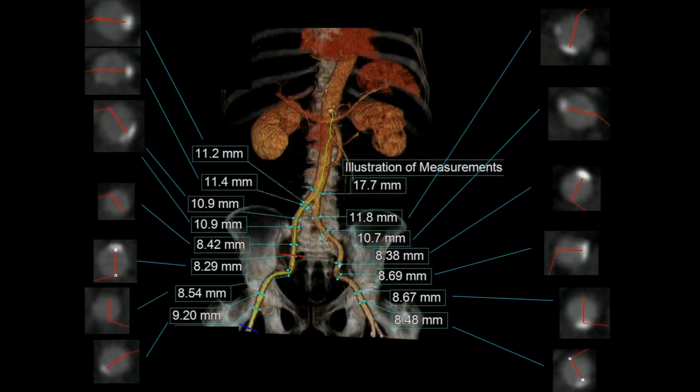The other component of the CT scan that's really crucial is looking at the peripheral vasculature. So in the same study, during the same scan, we basically get image data from the aortic valve all the way down to mid-thigh. And that lets us see whether or not the femorals and the iliacs are adequate in size to be able to deliver the system.